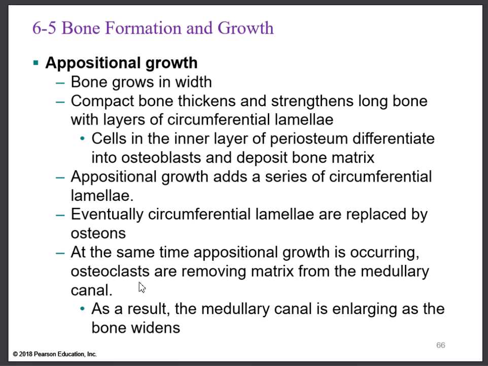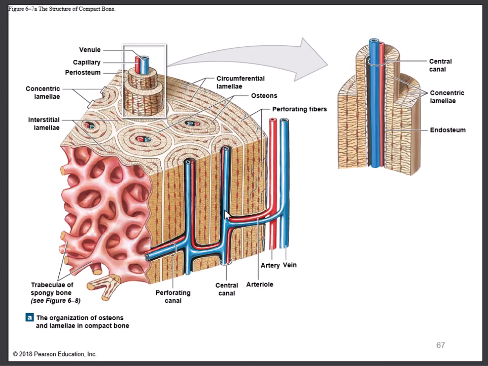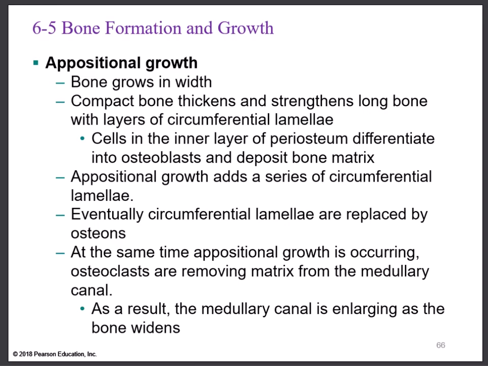Otherwise, we would have just a thin medullary cavity in between and too thick of a compact bone. So as the bone gets wider this way, this cavity over here is also getting wider. We'll disintegrate some of this bone here to make this cavity wider. So with that, it is proportional. Okay, so that's appositional growth.